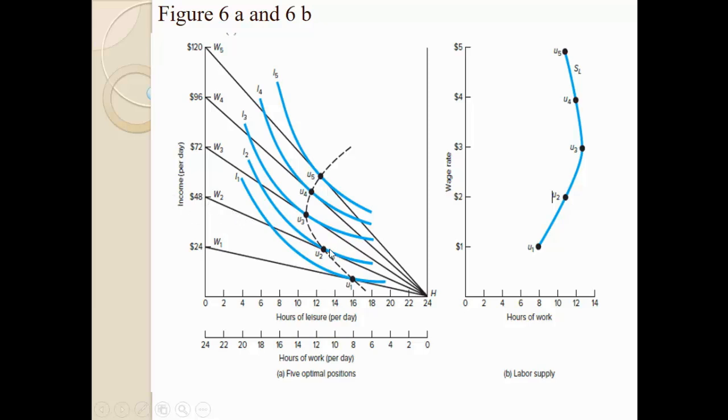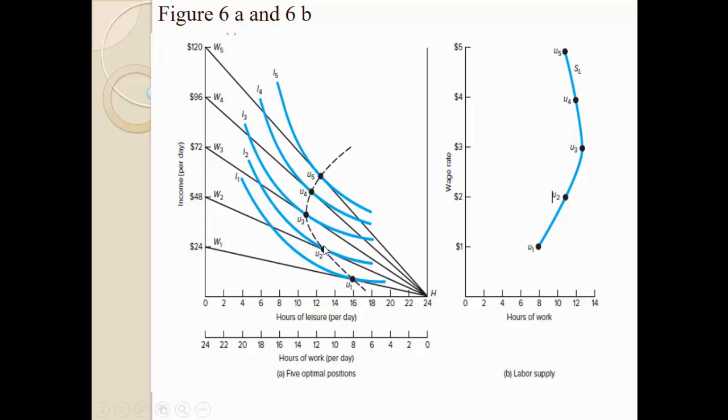If he works for 24 hours, he will be earning $48. So with this, he moves to an upper indifference curve I2, which is tangent to W2 at U2. So this means that he reduces leisure and increases the work hours. As we see here, at W2 he increases the work hours to 12 or 13.